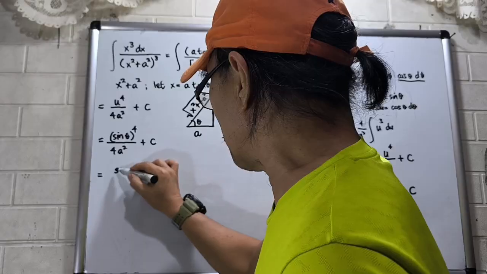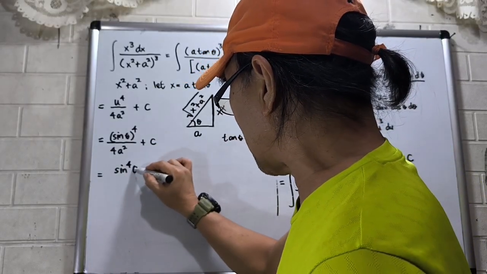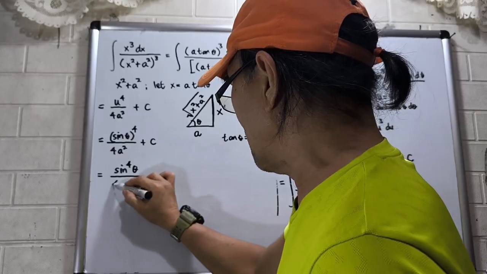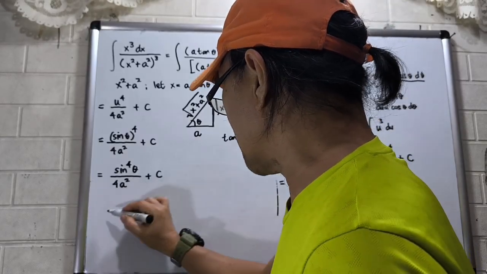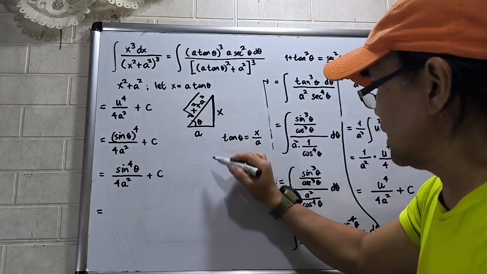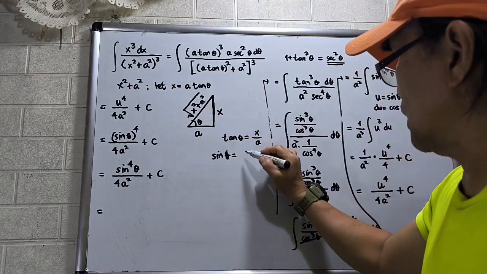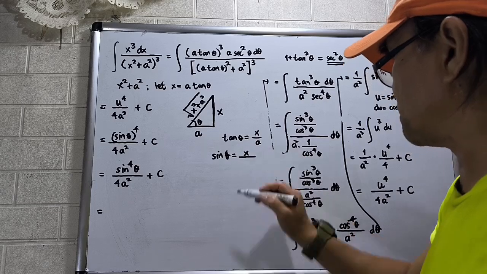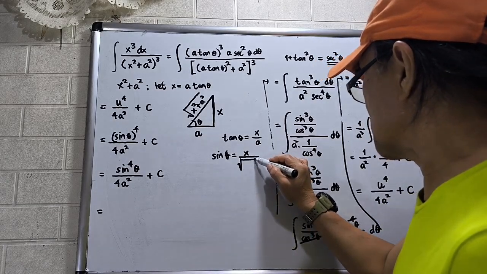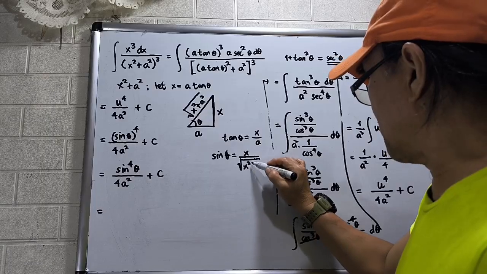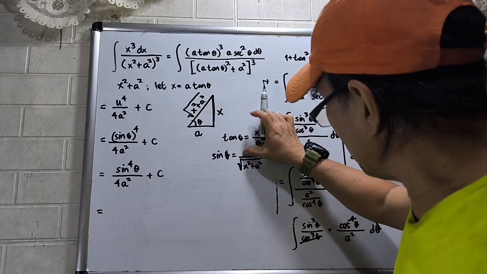So to simplify, this will be sine to the fourth theta over 4a squared, then plus c. So what is sine theta? Sine theta will be equal to x over the square root of x squared plus a squared. Okay, so x will be in the middle, sorry.